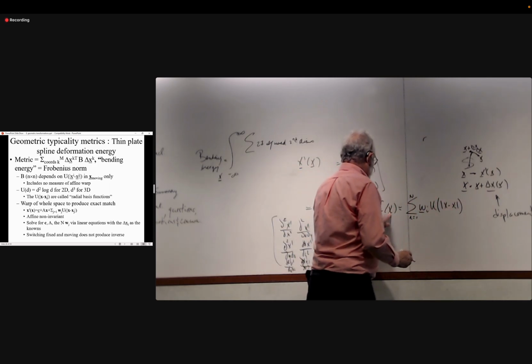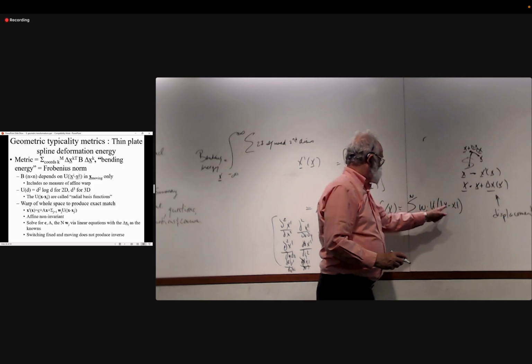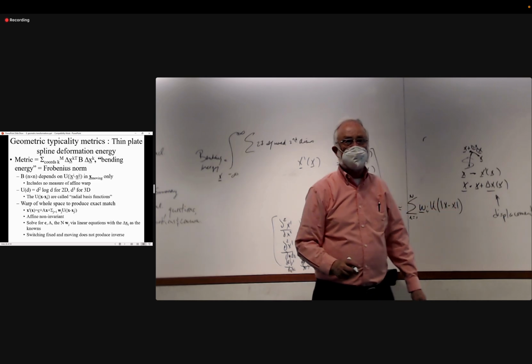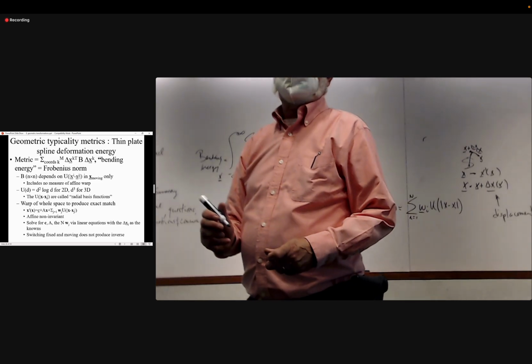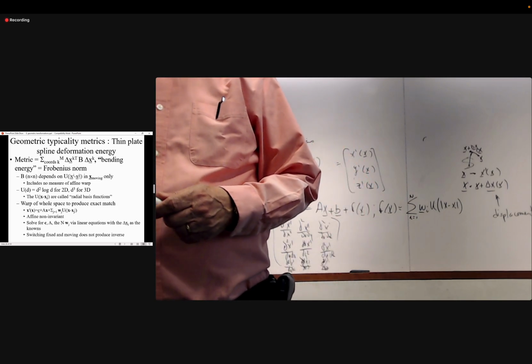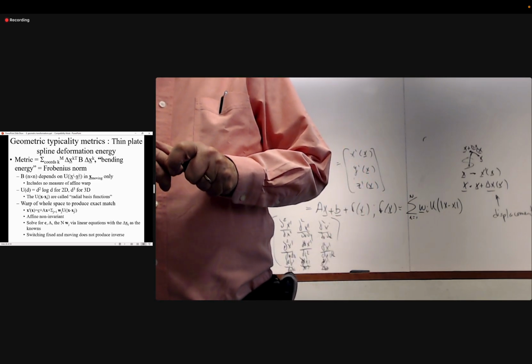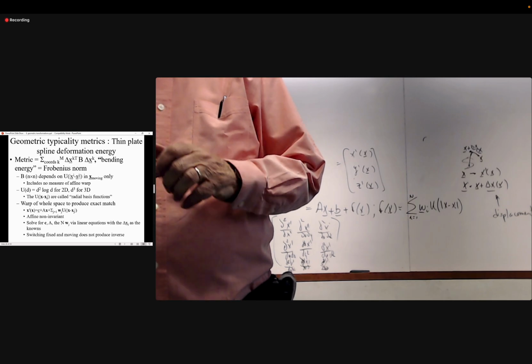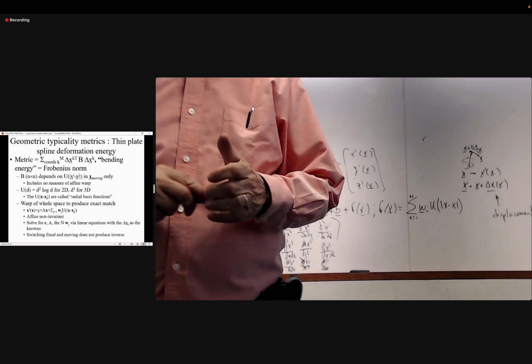So you want to know at a particular x what it is. You look at the distance of x from each of the landmarks in the source image. That's just the distance. And you use this magic function u, which is called a radial basis function.